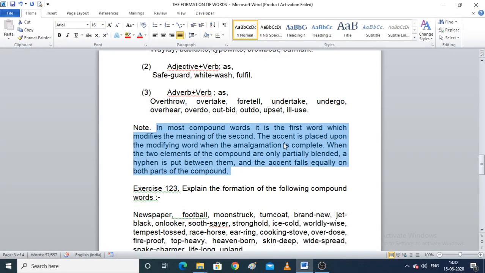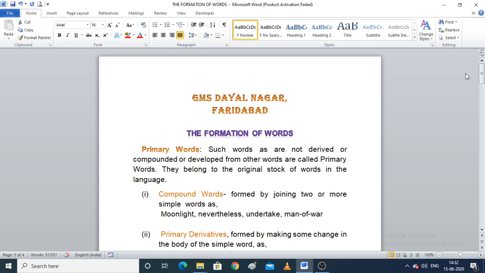I will explain this note with the help of an example. Just see this word, moonlight. Earlier I told you that compound words are formed with the addition of two or more simple words. So moon is one word and light is another word.